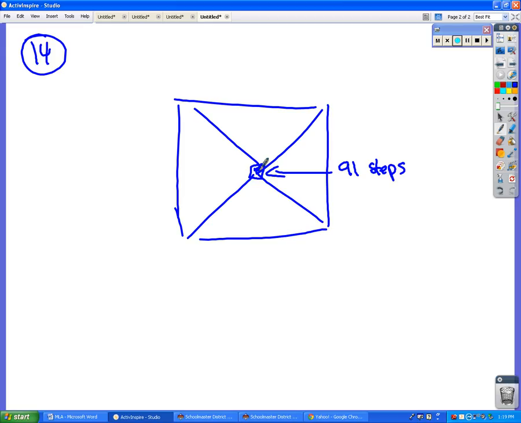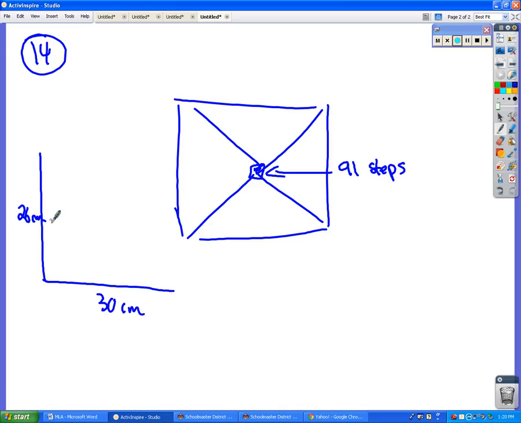Okay, so 14 says, each step of El Castillo is 30 centimeters deep and 26 centimeters high. How tall is the pyramid, not counting the platform at the top? Well, they're saying each step I have to go 30 centimeters this way, and 26 centimeters high.